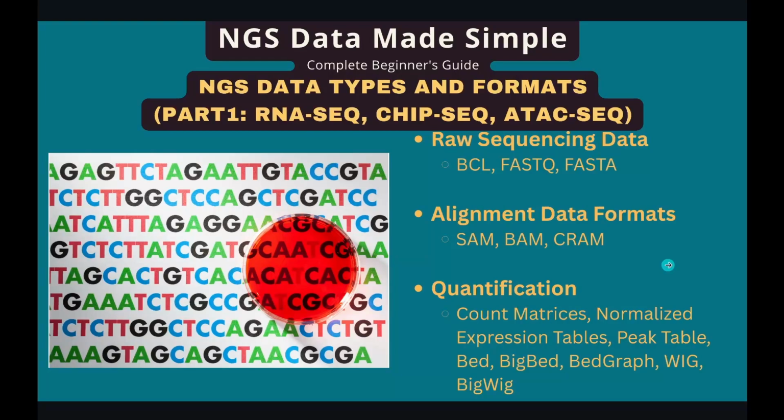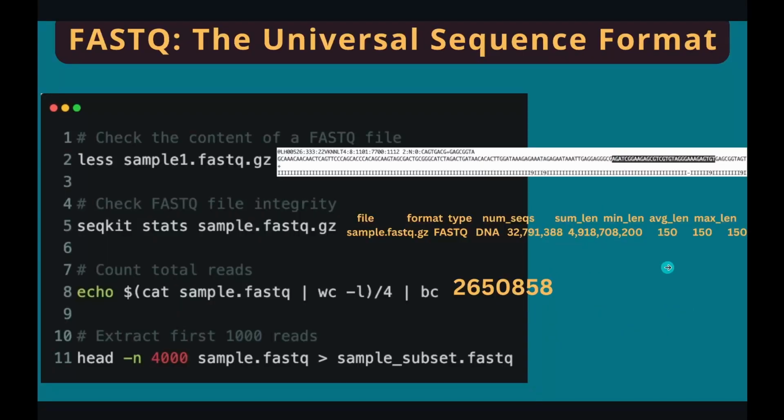In this video, I'm going to walk you through the formats of common NGS data types, from raw sequencing data to alignment data to the quantification. Let's start from the raw sequencing format, the FASTQ format. They are the raw files we receive from the sequencing core or from the company.